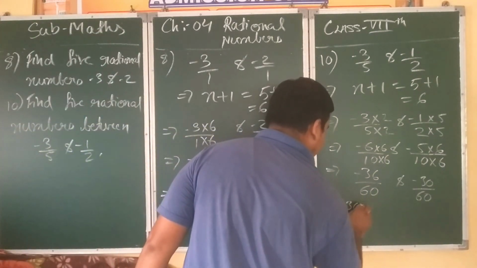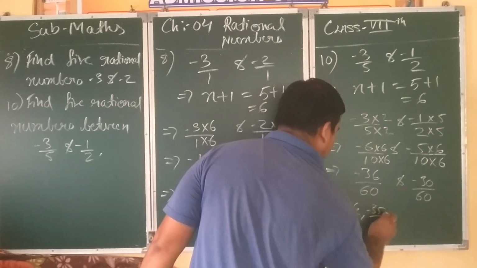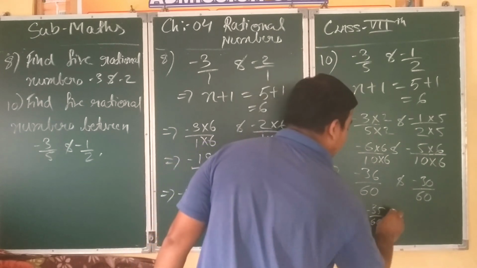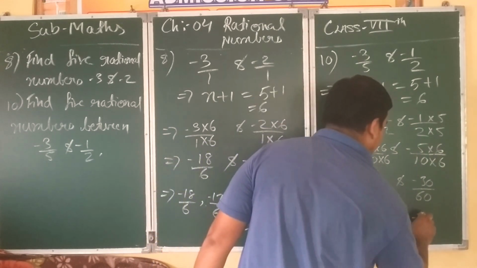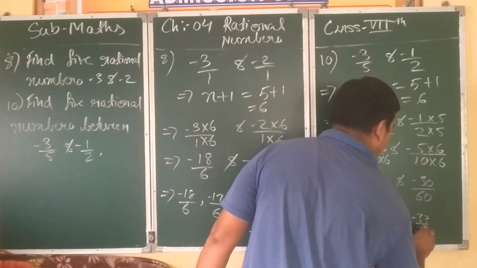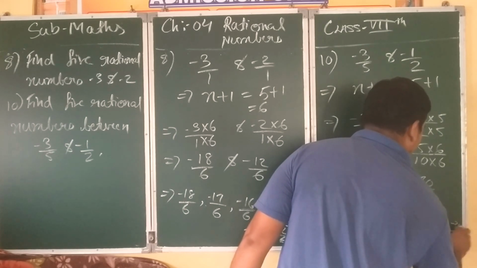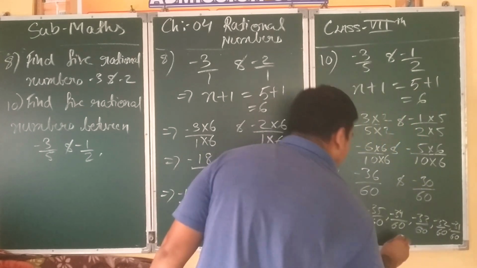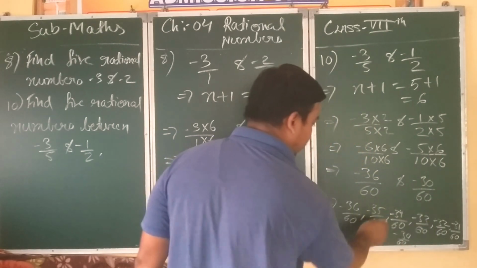Then write the numbers between minus 36 by 60 and minus 30 by 60: minus 35 by 60, minus 34 by 60, minus 33 by 60, minus 32 by 60, minus 31 by 60. We count only the numbers between them: 1, 2, 3, 4, 5.